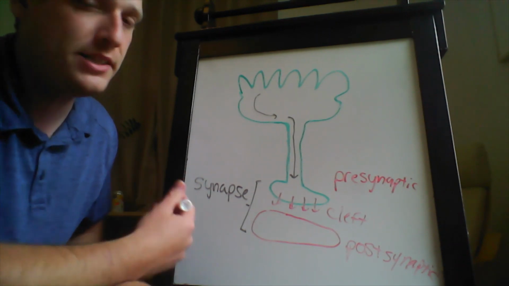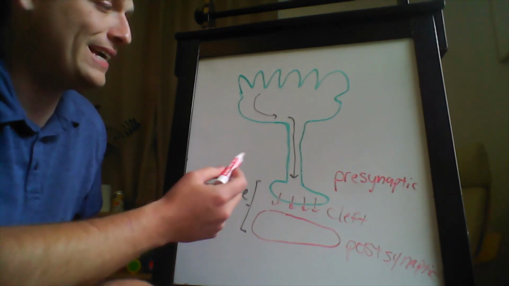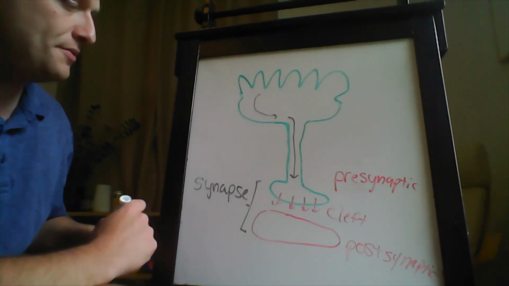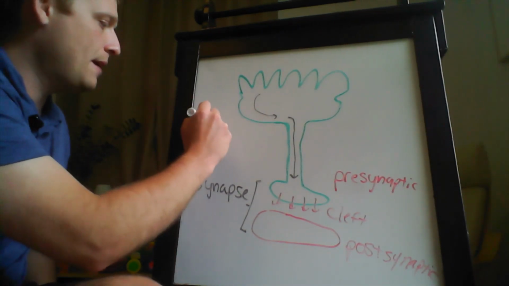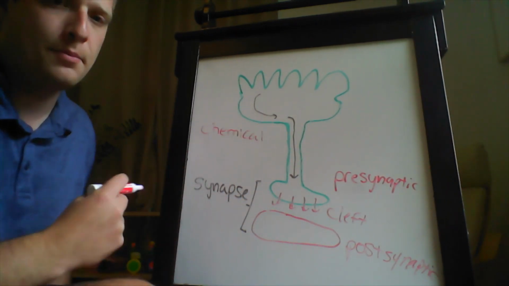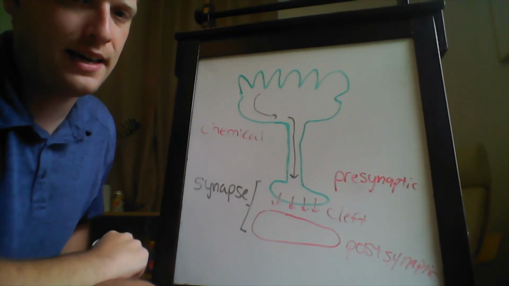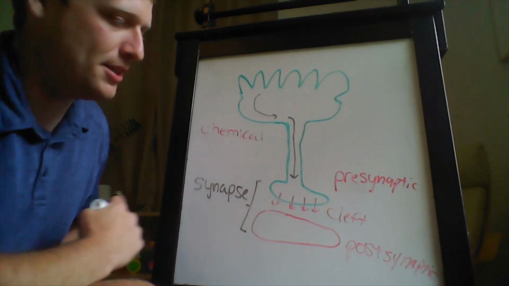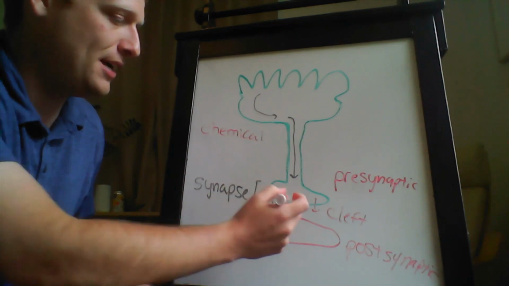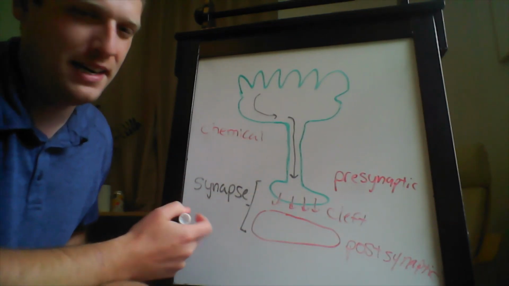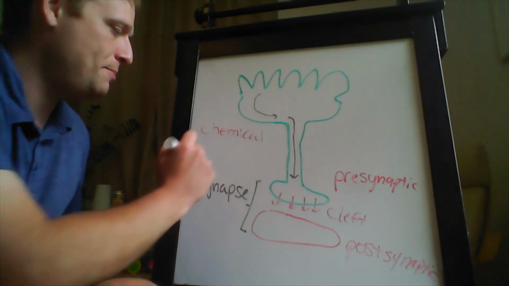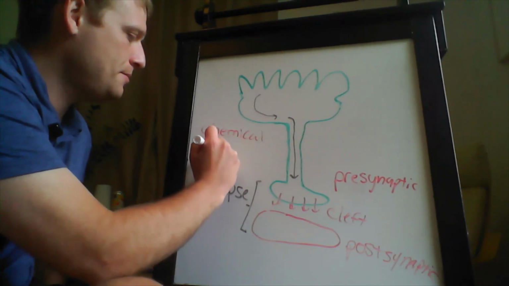So that's how a message is sent through a chemical synapse. We have chemical as type 1, and that's the predominant type of synapse. Most synapses are going to be chemical synapses, where there's a neurotransmitter that acts as the intermediate between these two cells. The other type of synapse would be an electrical synapse.